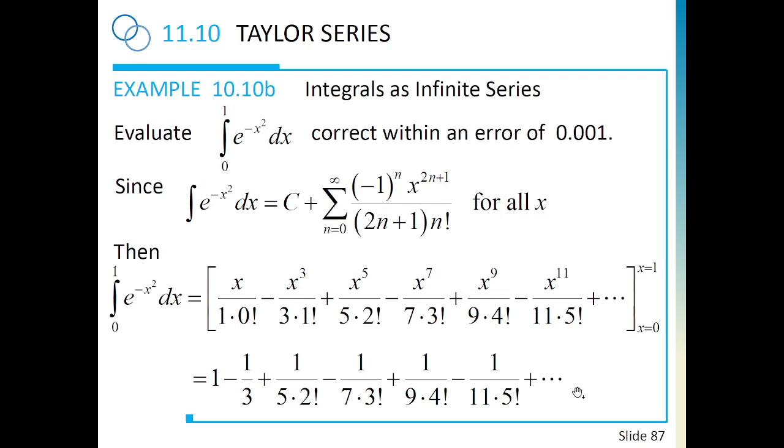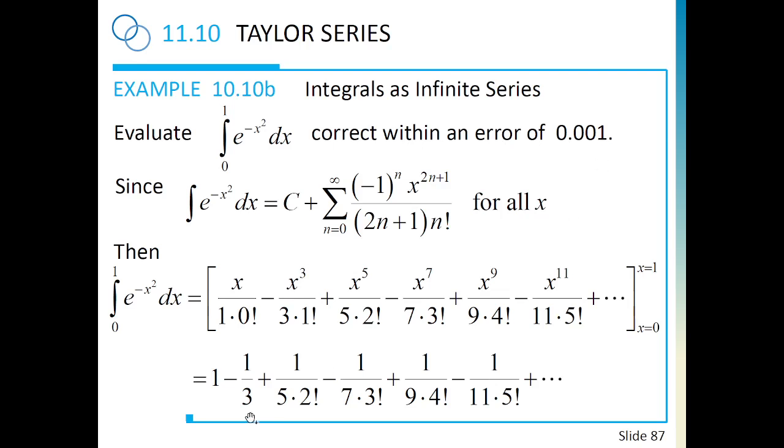Depending on the precision that we require, we will add more or fewer of these terms. The more terms we add, the better the precision, obviously. In this particular case, we are asked that the error be smaller than 0.001.